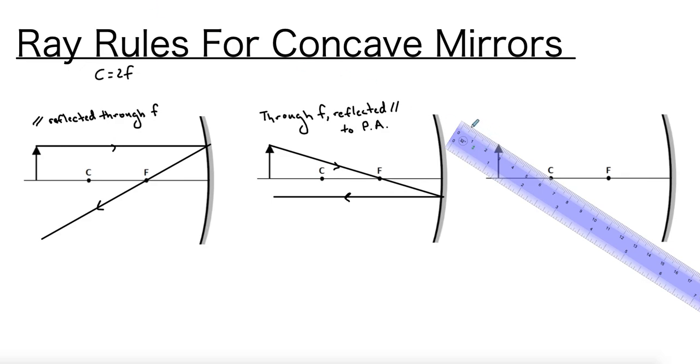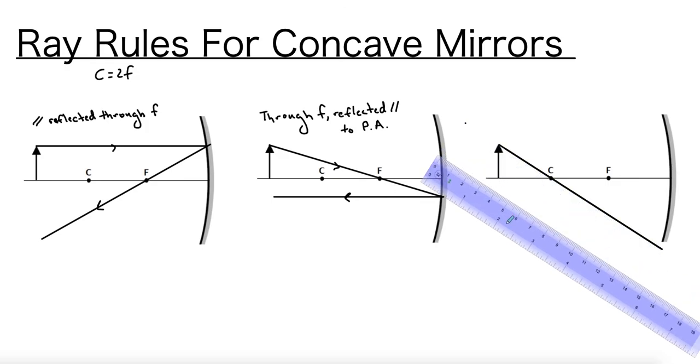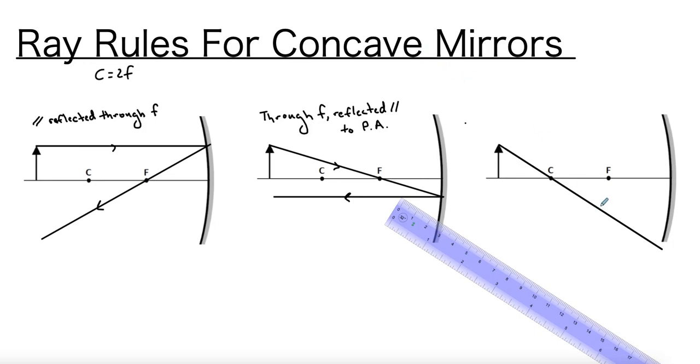That's okay because as it goes through C, hits the mirror, it's just going to come right back. So it goes through C. It's just reflected back.